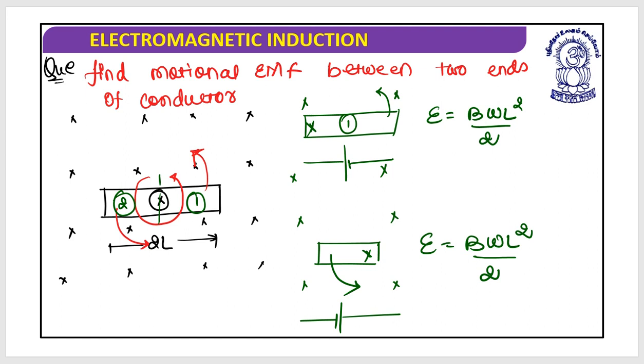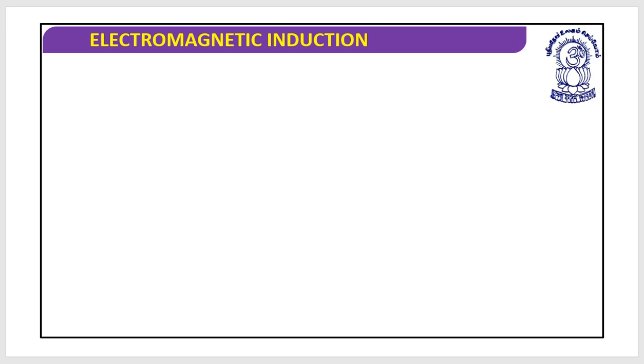So if I give them names, this end is P, this is Q, and this end is R. From P to Q it is something like this, and from Q to R it is something like this. So this is E1, this is E2.